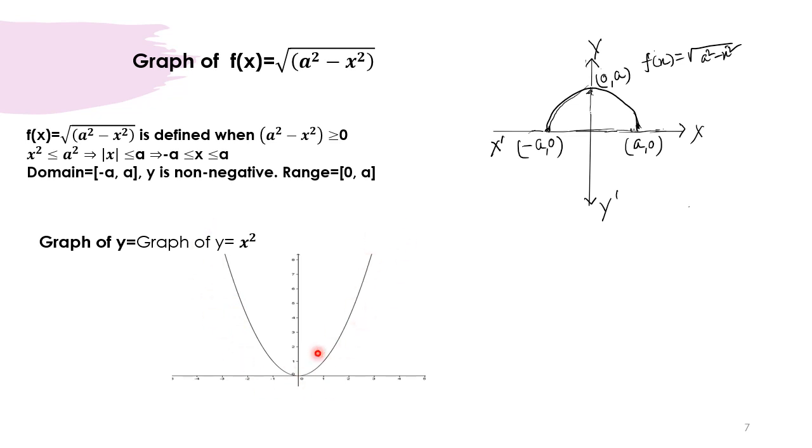And what will y be? y = x², and x² cannot be negative. Now see, x² is not negative, so the value of y does not go below, right? So the range will be non-negative real numbers, and the domain can be any real number.